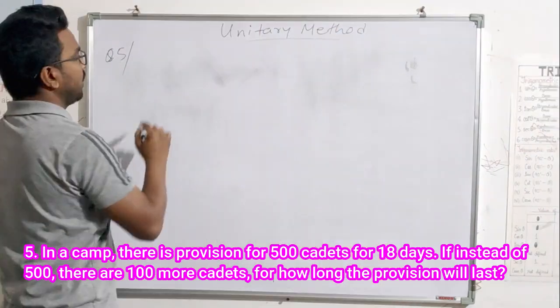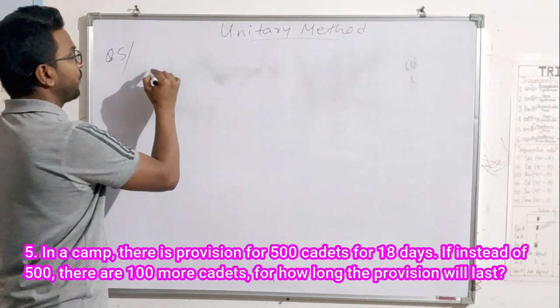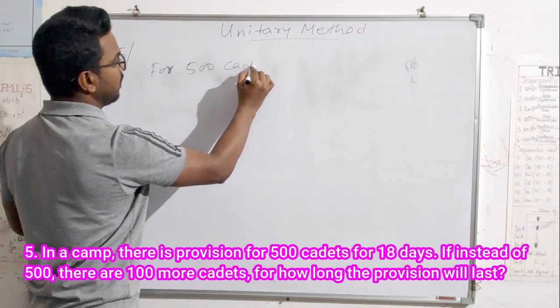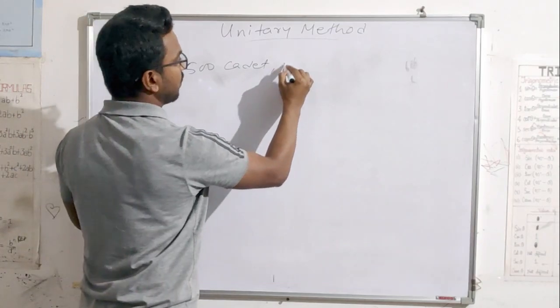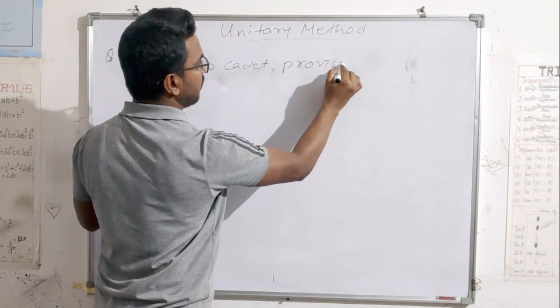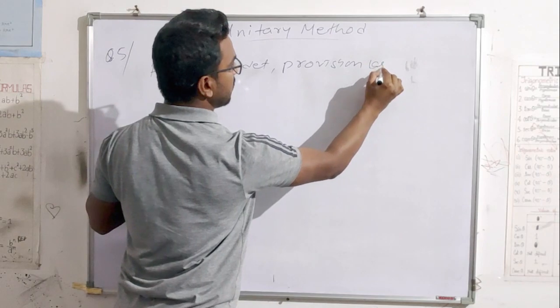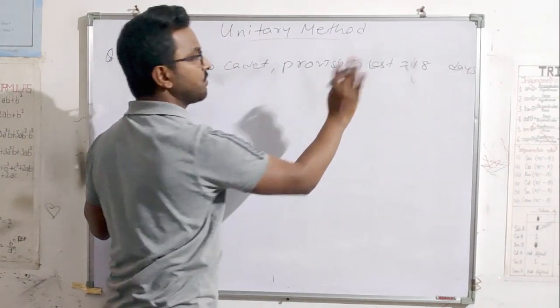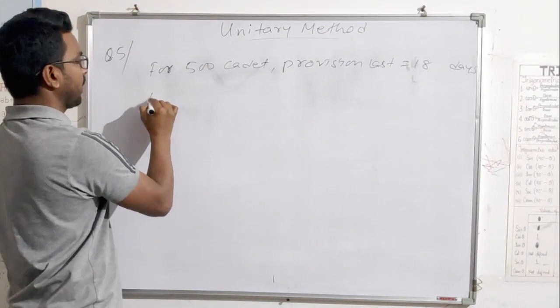So what we will do, it will be like this. For 500 cadets, provision lasts equals to 18 days.